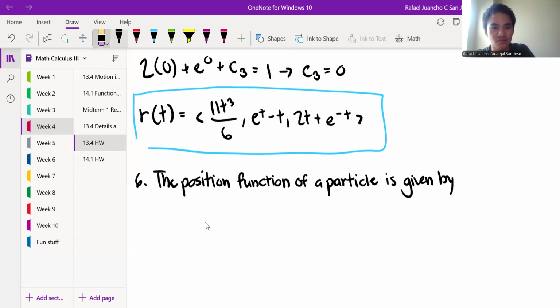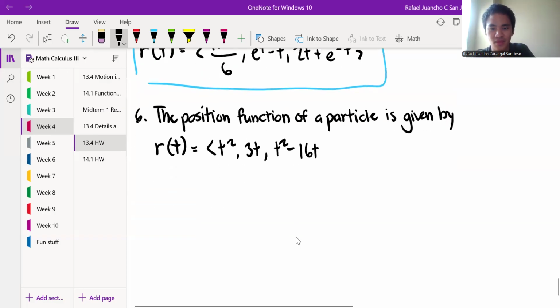Let's do it in another line. r of t equals t squared, comma, 3t, comma, t squared minus 16t. Okay, these are x, y, z components. That's our position vector. When is the speed a minimum?